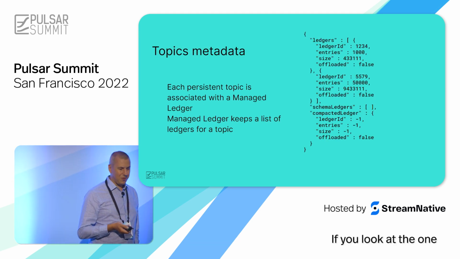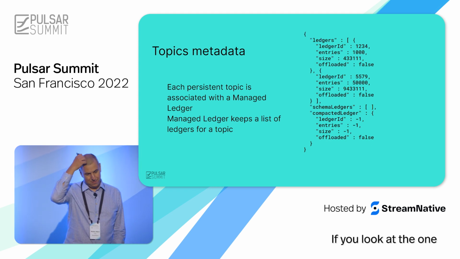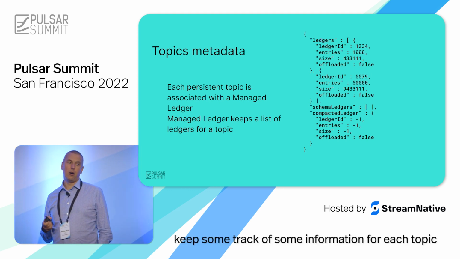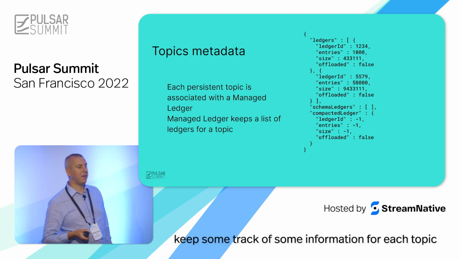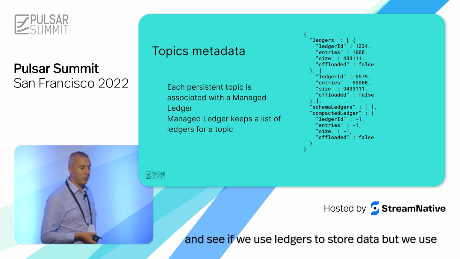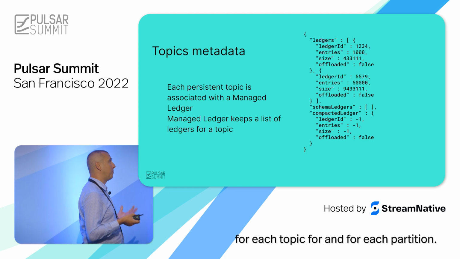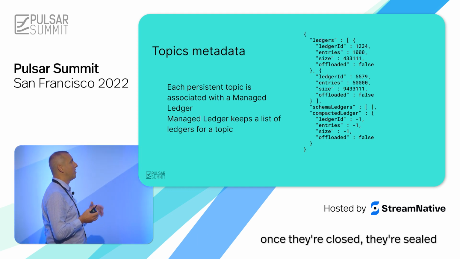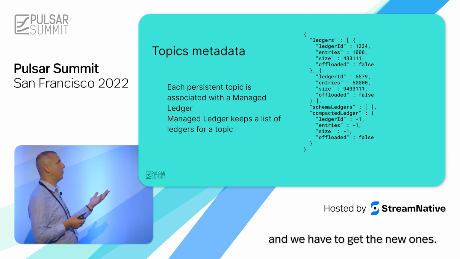One of the most important examples here is the topics metadata. We need to keep track of some information for each topic. Since we use ledgers to store data, for each topic and each partition we use a list of ledgers, because once ledgers close, they're sealed and we have to create a new one.